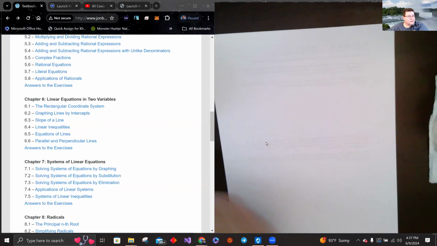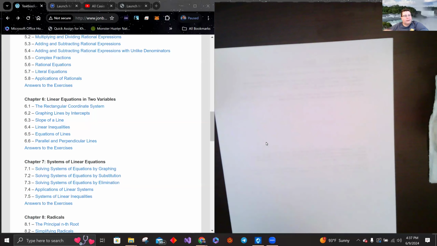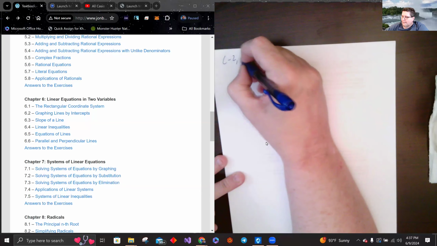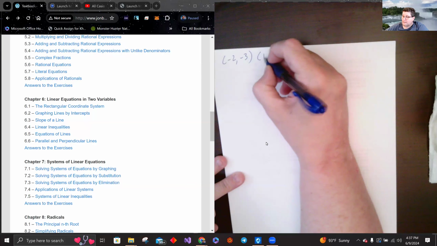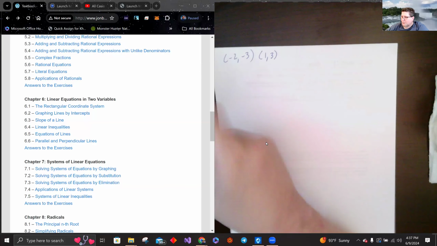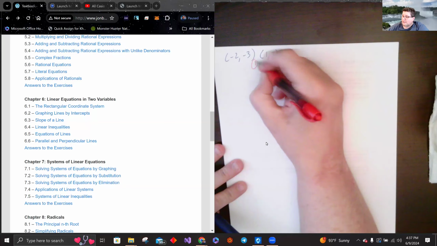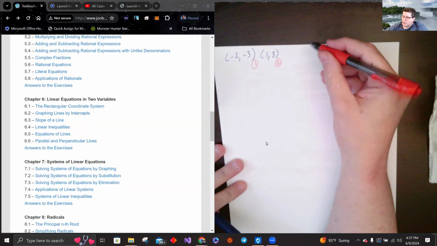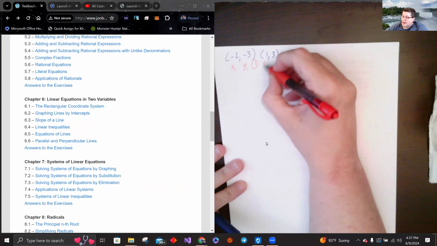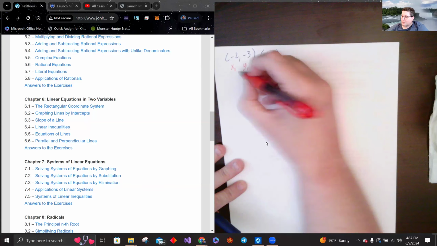Let's do some quick examples here, and then we're going to do slope-intercept form in another video. If I have -2, -3, and 1, 3, I'll call this point 1 and I'll call this point 2, so that this is x1, this is y1, x2, y2. I'll show you what I mean by we can do it either way.